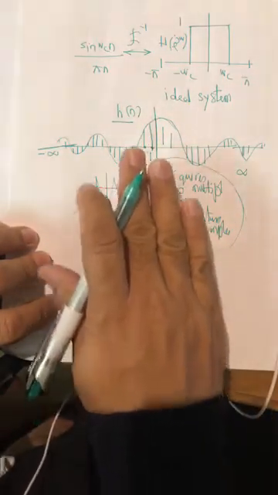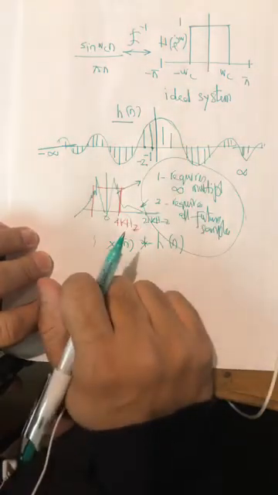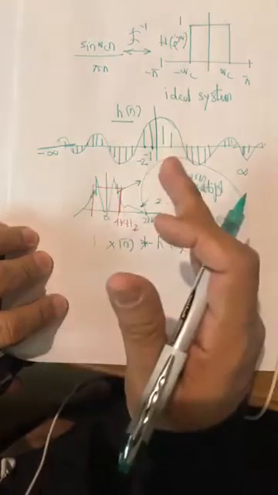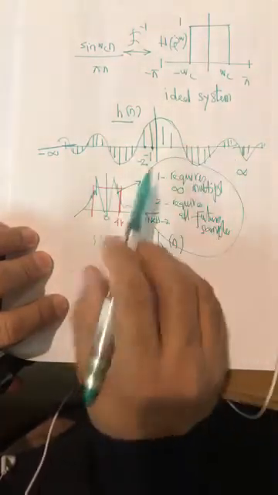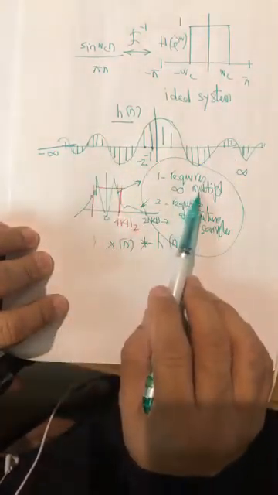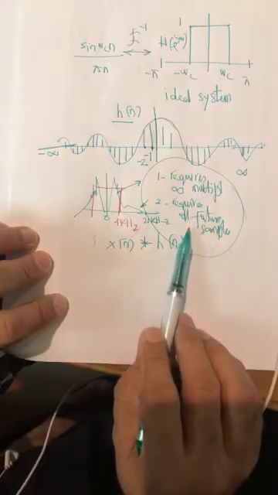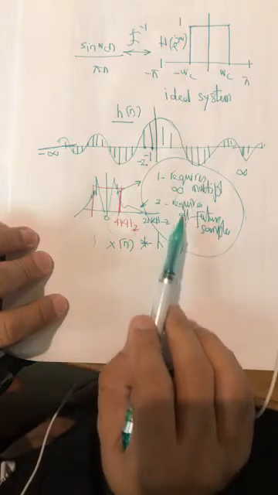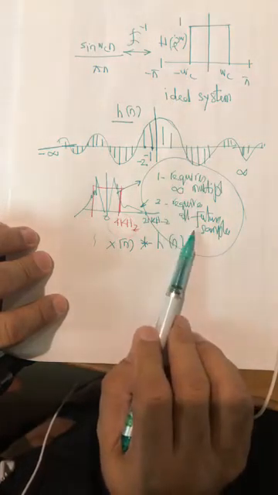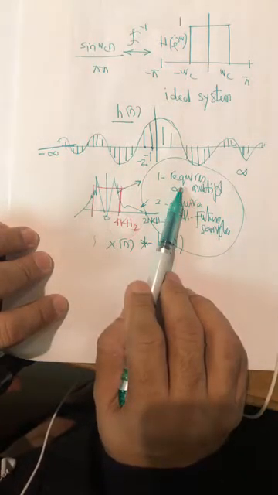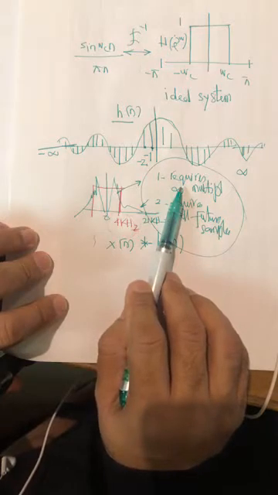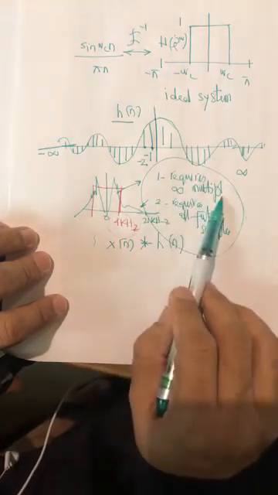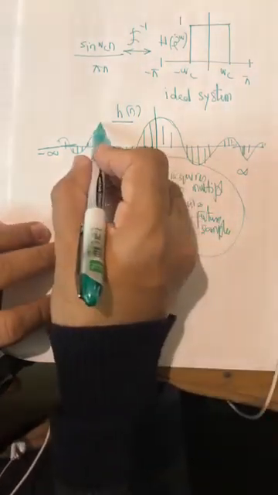So you have to now compromise. If you want to implement a system, you have to compromise. A compromise means there has to be a finite number of multiplications, and ideally I don't want to use any future samples. Compromising on this, you don't want to do infinitely many multiplications, so you say I'll cut it down.